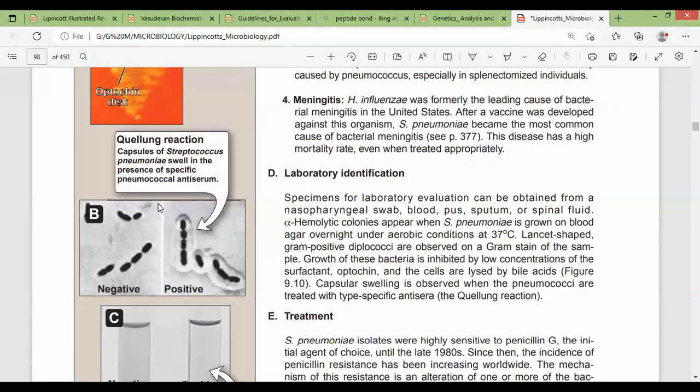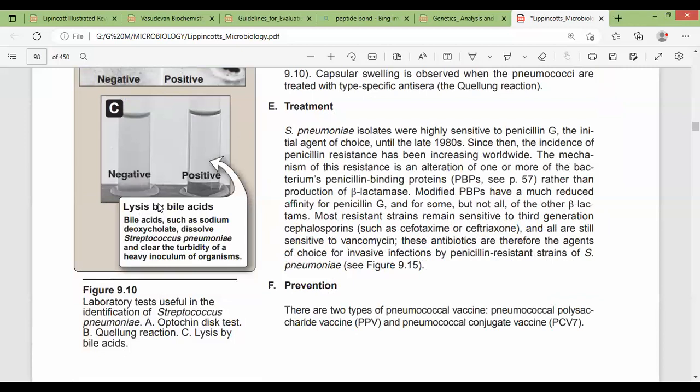As we say with every organism, we will always see virulence factors, but we can't go through each and every one. For treatment of Strep pneumoniae, these are gram-positive organisms, so you see the beta-lactams: penicillin G. For pneumonia, we know these days ceftriaxone is given, even the likes of Augmentin and amoxicillin.